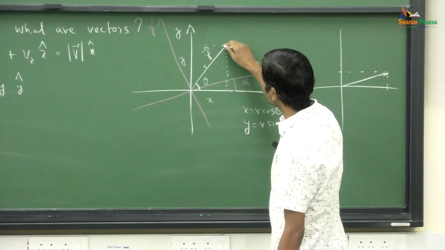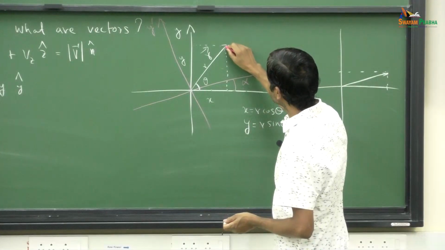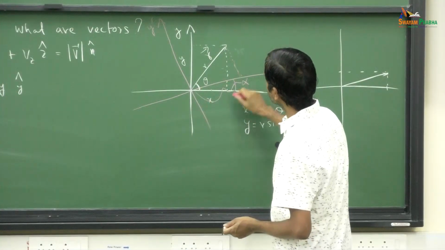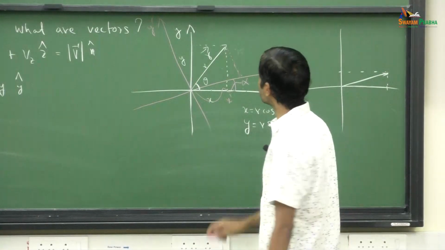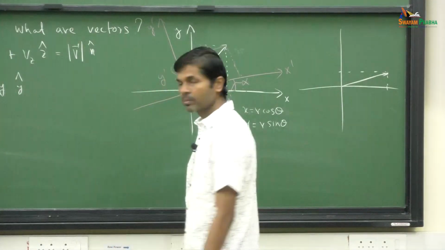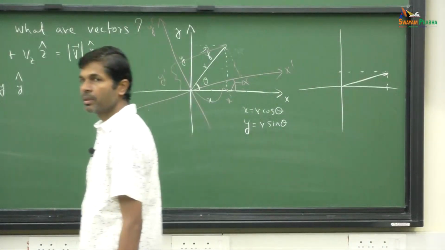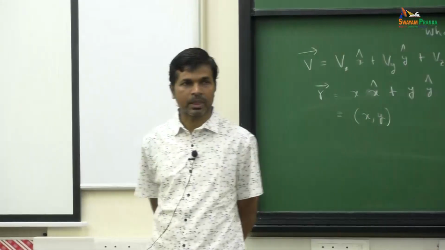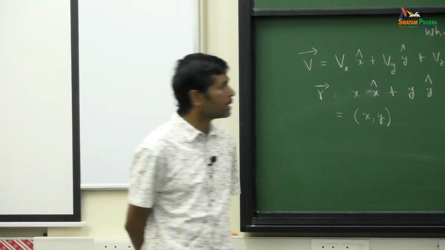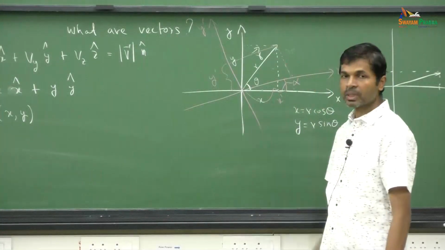I consider the same vector, but now this value is going to be my x prime, and this value here is going to be y prime. So the components of a vector basically depend on your coordinate system. And if you change your coordinate system, then the values of the components do change.